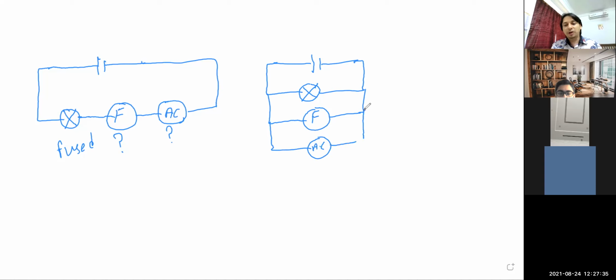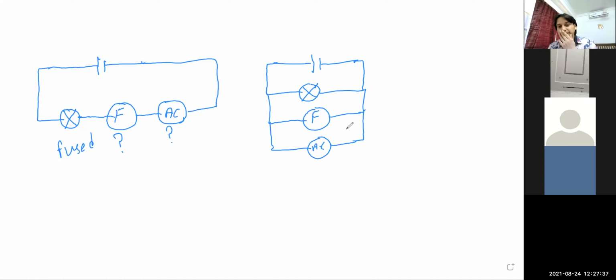So I connected three components. And in this case, the situation is the same, children, that this bulb gets fused. What is the effect on the fan? Whether fan and AC will continue running or they will stop. Now, may I ask this question to Ananya?